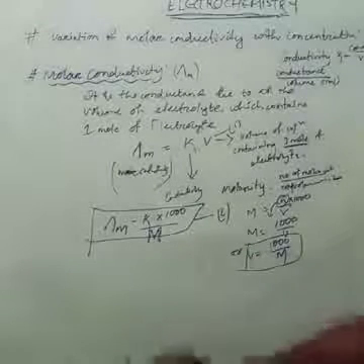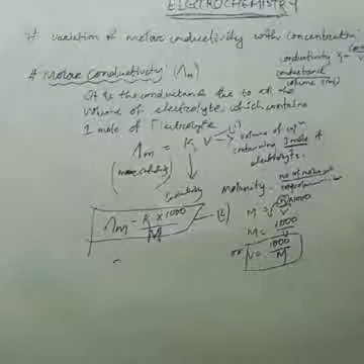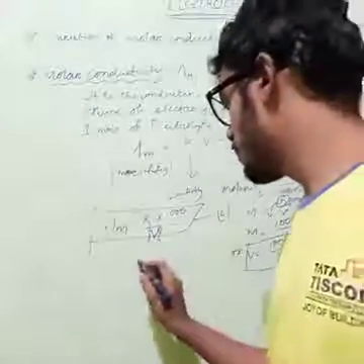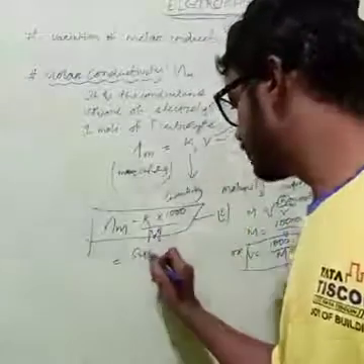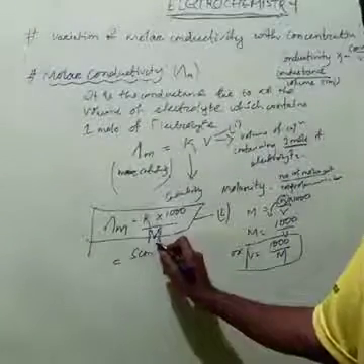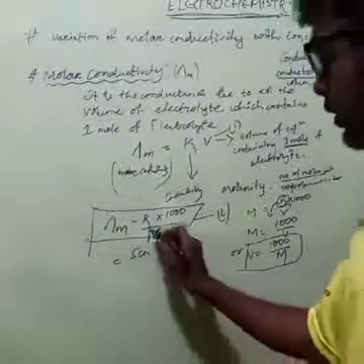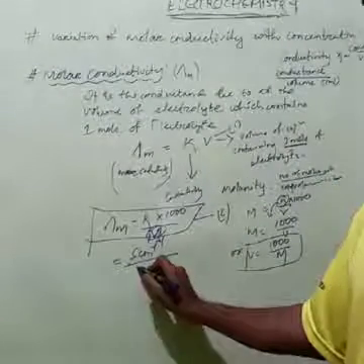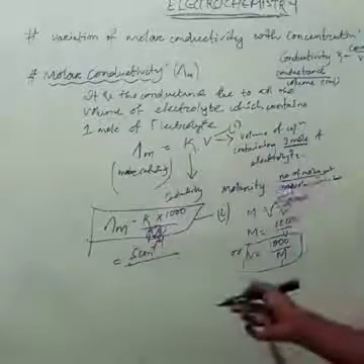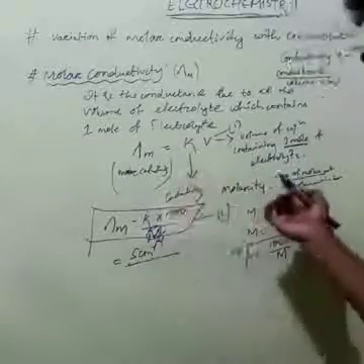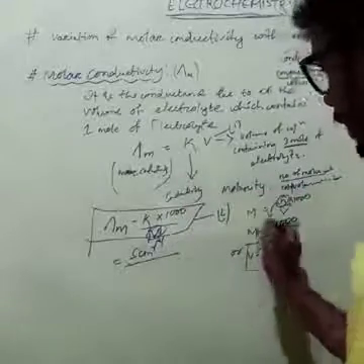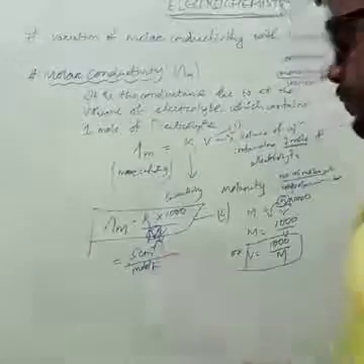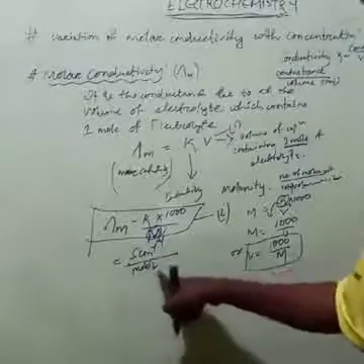So what will be the unit? Unit of molar conductivity: what is the unit of kappa? Siemens per centimeter, that is S cm^-1. Molarity is the number of moles of solute per liter. The number of moles has no unit, so it is moles per liter.